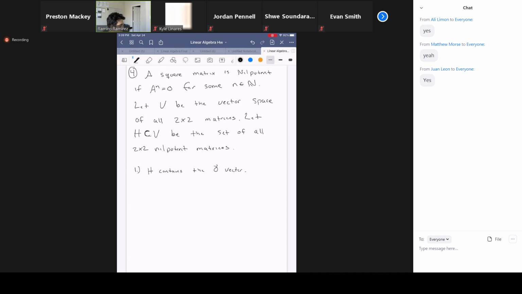Okay. Is H closed under addition? If it is closed, enter 2. If it is not, enter 2 matrices whose sum is not in H, comma separated. Okay, so we just need to show whether it is closed under addition, right?